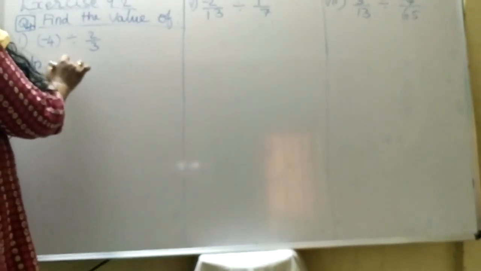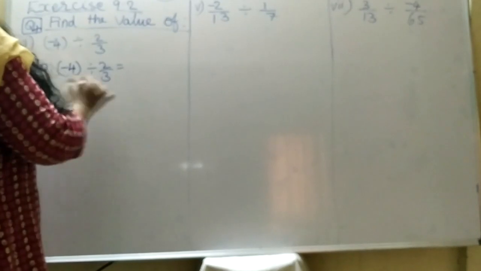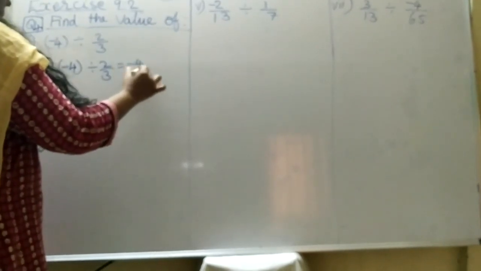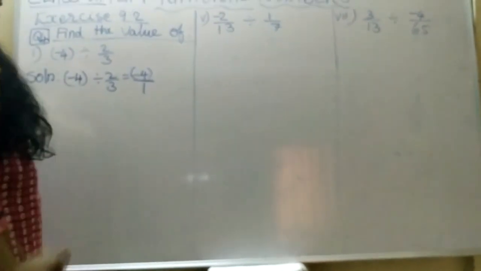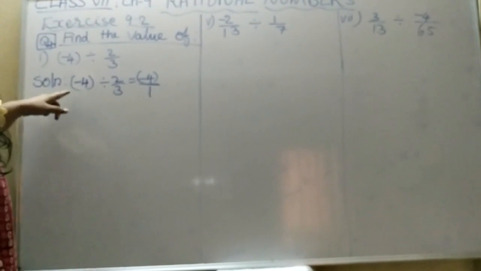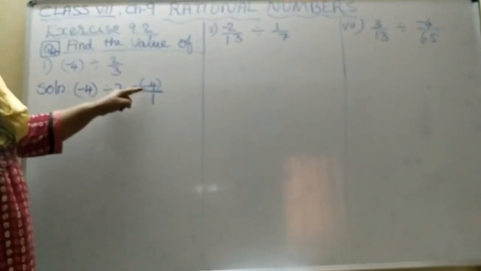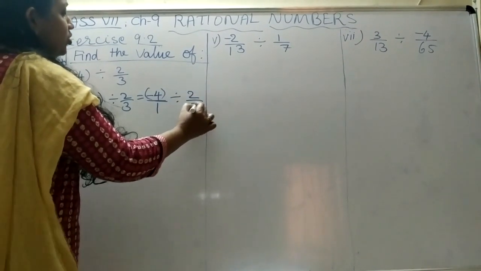Minus 4 divided by 2 by 3: we are dealing with a rational number, which is represented in the form p by q. So instead of minus 4, I have to write minus 4 upon 1 divided by 2 upon 3.